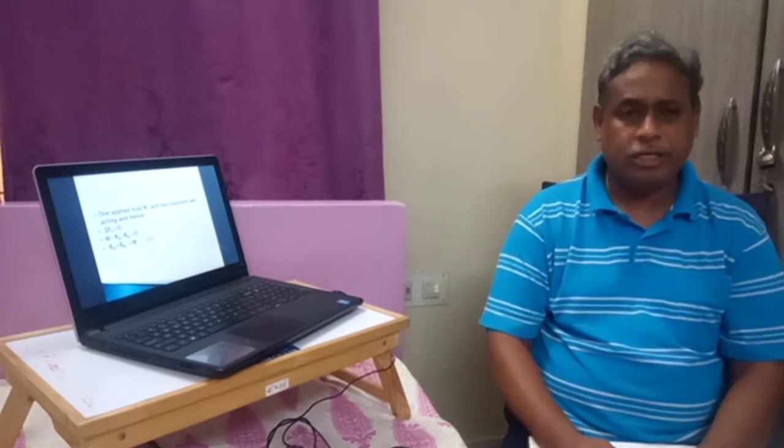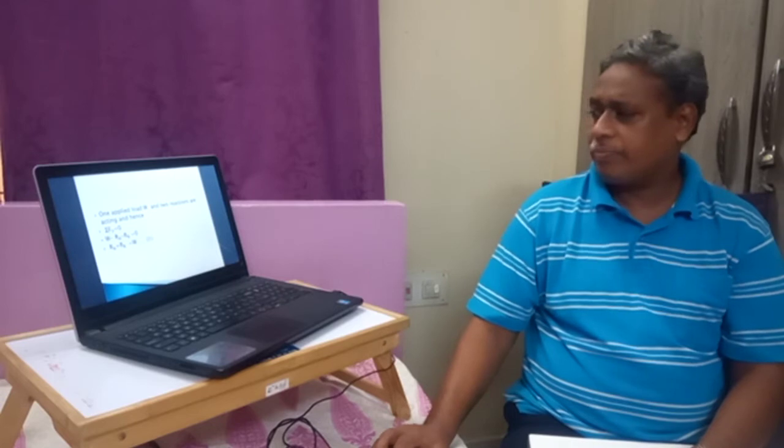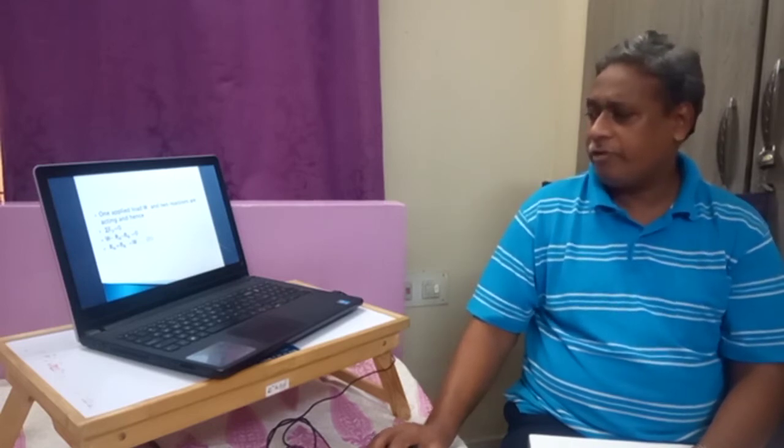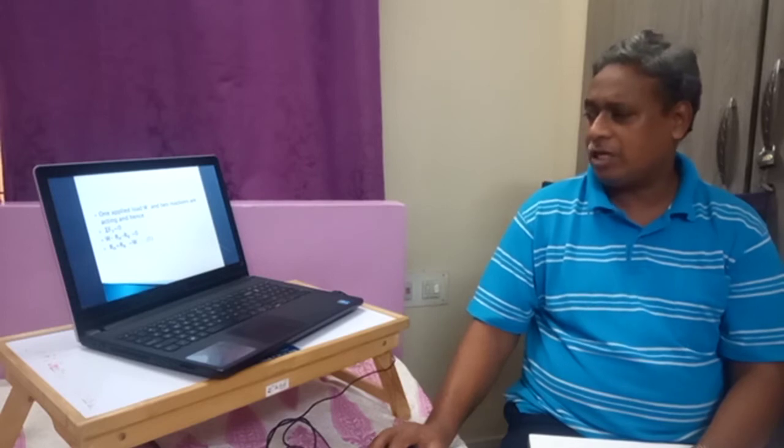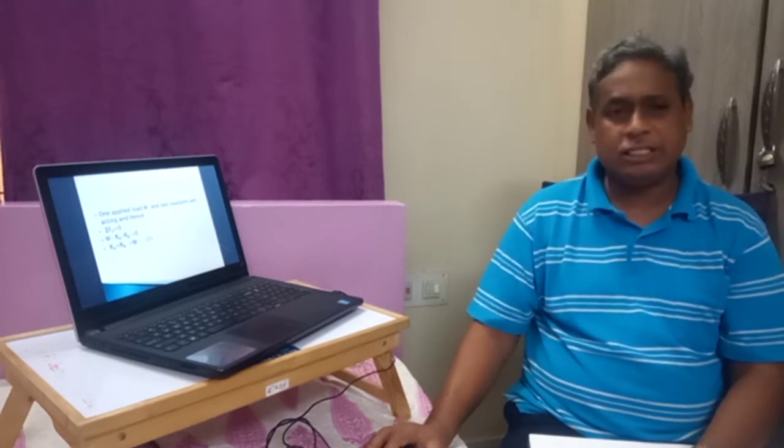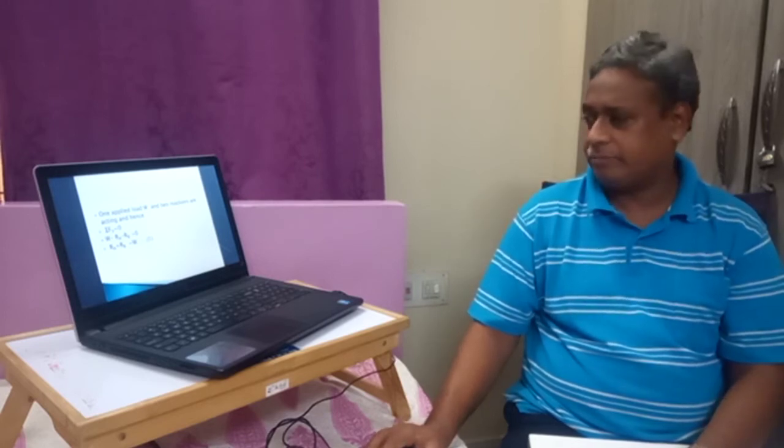We know only W. We do not know what reaction A and reaction B are. So, by using the first equilibrium condition, we have arrived at an equation, that is RA plus RB is equal to W. Let us say this is equation 1.